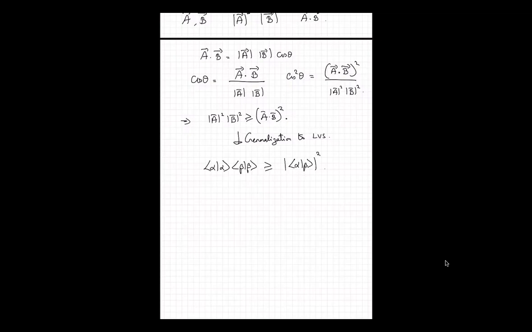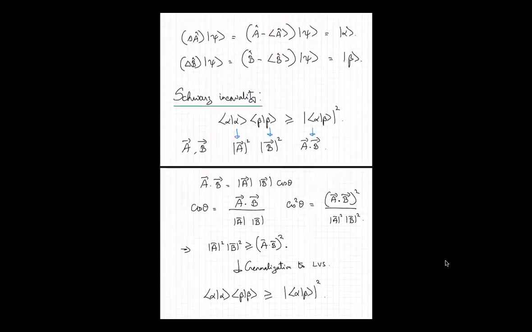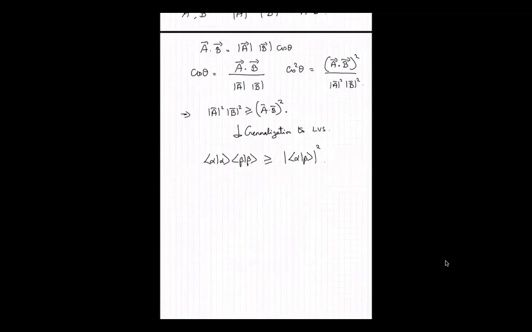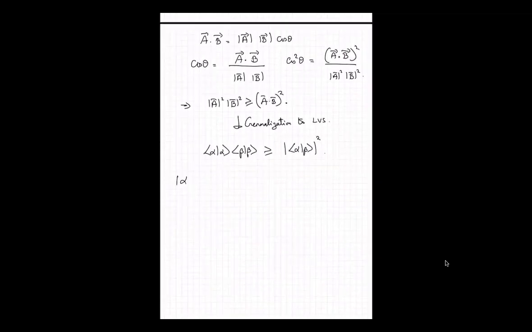Okay. Now I can use this relation and the fact that delta A acting on psi is alpha and delta B acting on psi is beta. So suppose I use alpha equal to delta A acting on psi and beta equal to delta B acting on psi. Okay, so substitute alpha as delta A psi and beta goes to delta B psi.